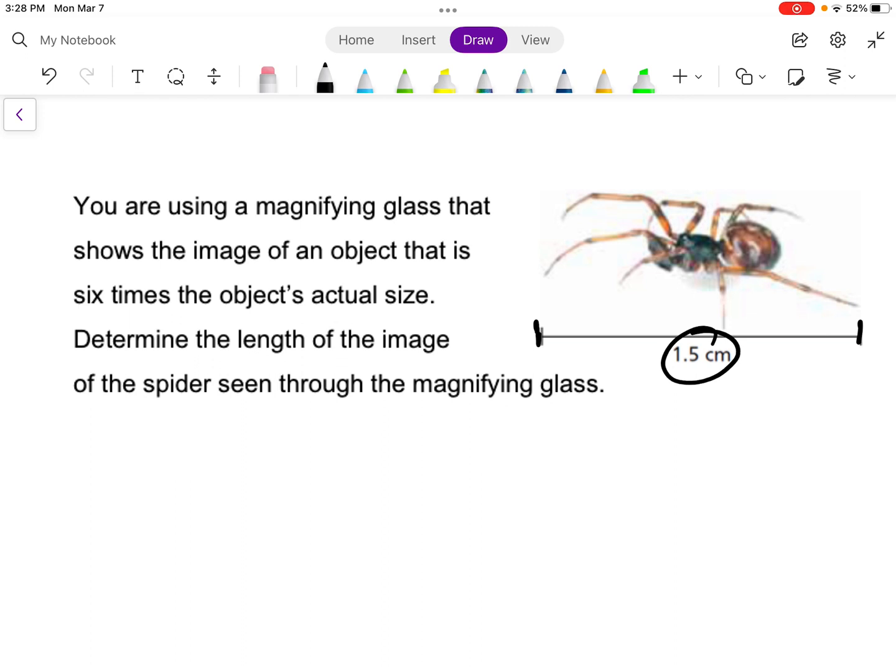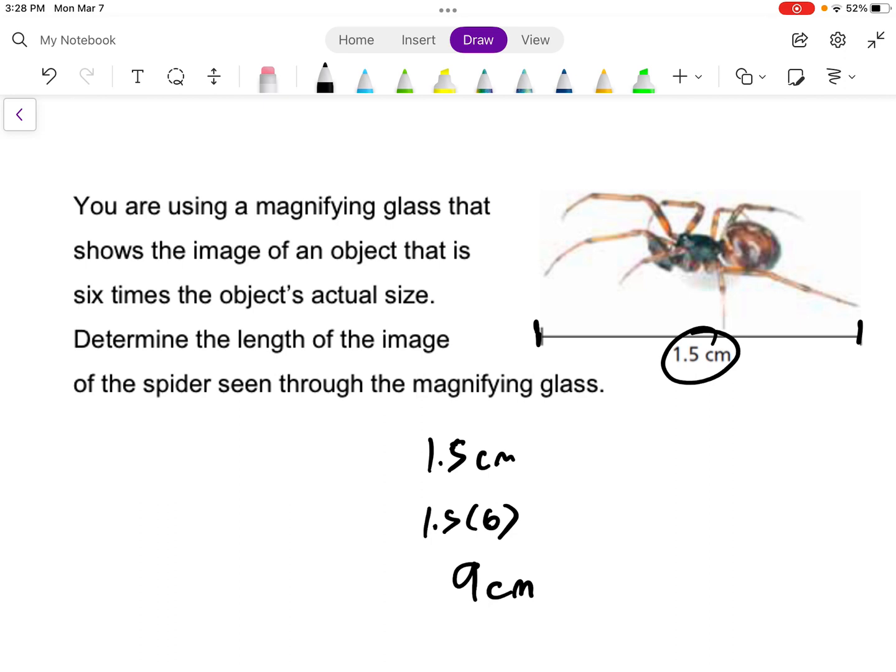So if the magnifying glass shows the object 6 times the original size, how big would the object be in the magnifying glass? This isn't hard, right? I just take the length, the 1.5 centimeters, and I multiply that by 6. So 1.5 times 6 comes out to be what, 9? So if I'm looking through the magnifying glass, that object would be 9 centimeters long.